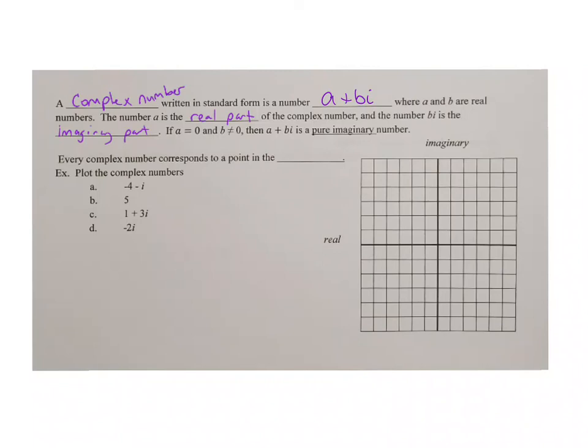Now, every complex number corresponds to a point in the complex plane. All right? And basically, the complex plane is, a long time ago, if you guys remember our friends John and Betty. John and Betty said, we have a number line. Right? There's 1, there's 2, there's 3, 4, 5, 6. Just like we had in grade school. -1, -2, -3, -4, -5. That's a number line. And zero's in the middle. Right?